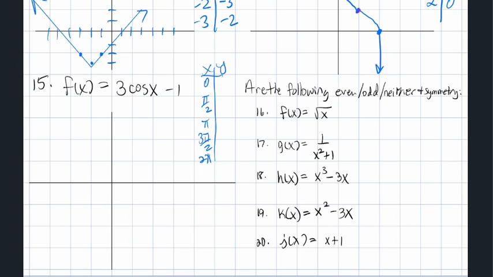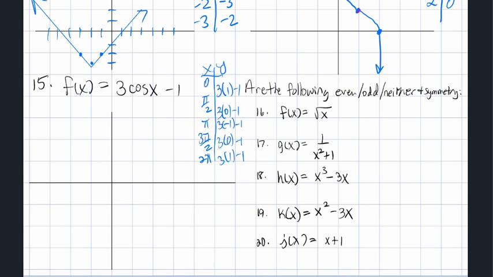Okay, so the good values for the cosine: it starts at 1, then goes to 0, then goes to -1, then goes back to 0, and then goes back up to 1.